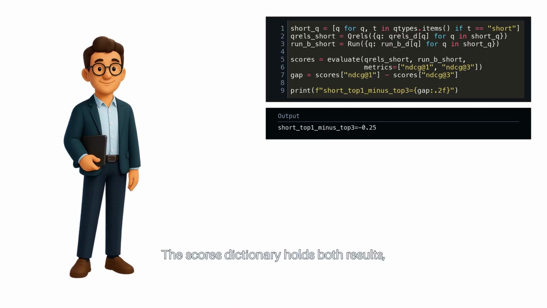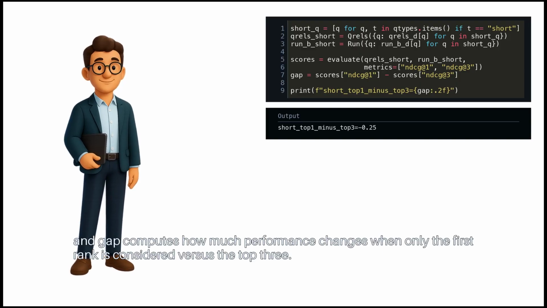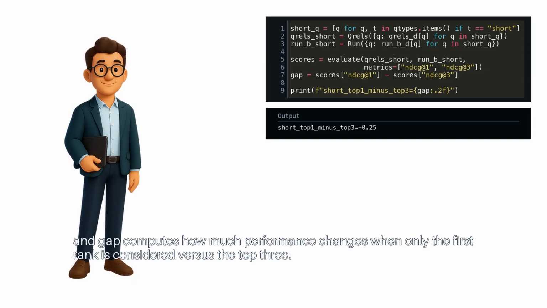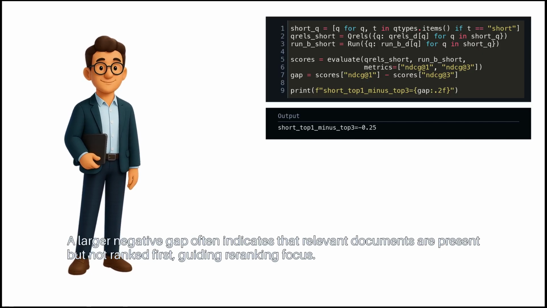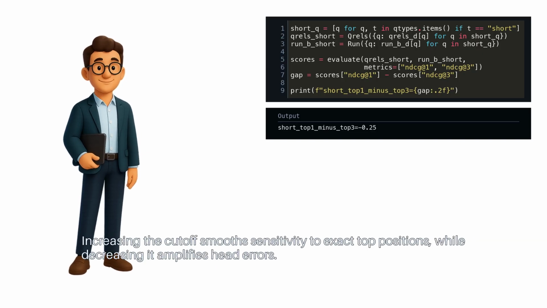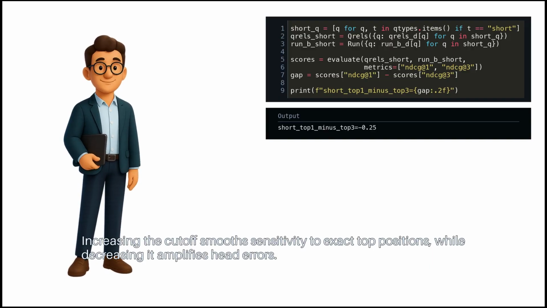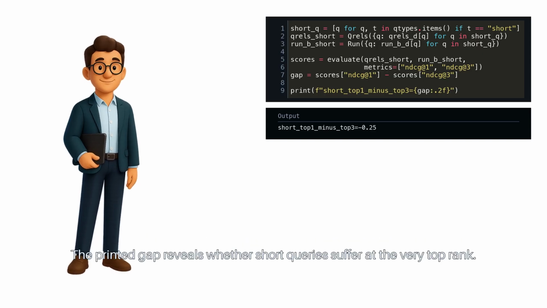The scores dictionary holds both results, and gap computes how much performance changes when only the first rank is considered versus the top 3. A larger negative gap often indicates that relevant documents are present but not ranked first, guiding re-ranking focus. Increasing the cutoff smooths sensitivity to exact top positions, while decreasing it amplifies head errors. The printed gap reveals whether short queries suffer at the very top rank.